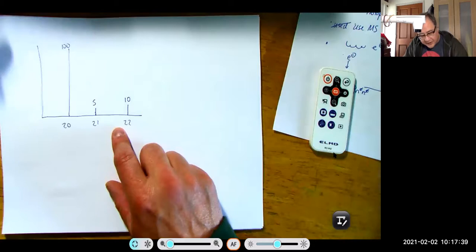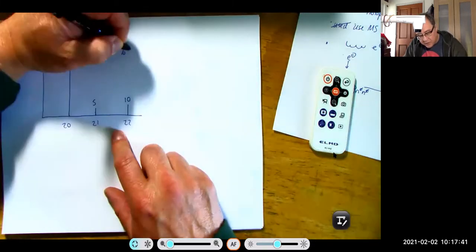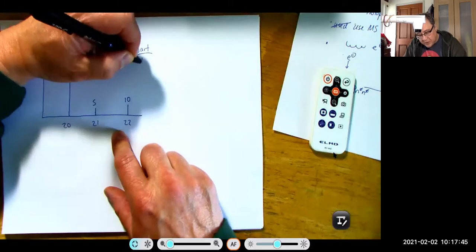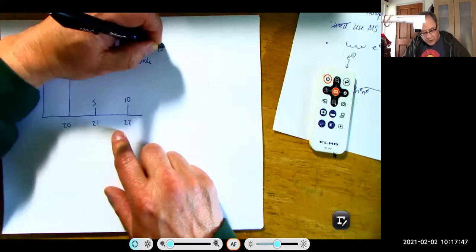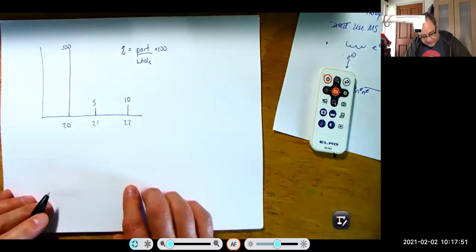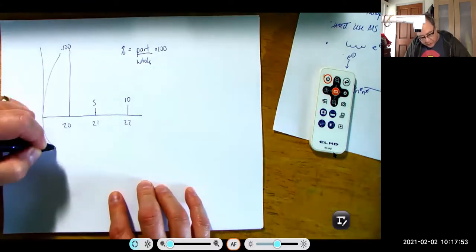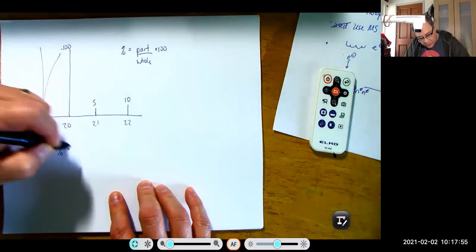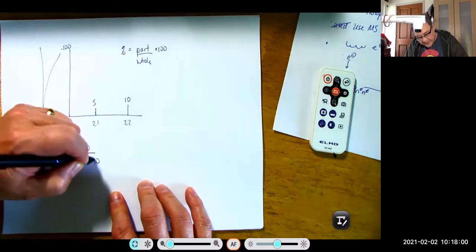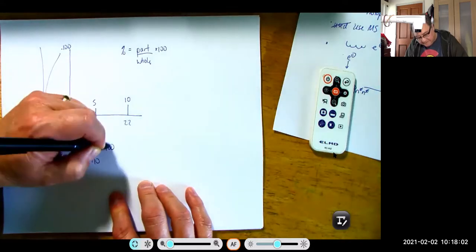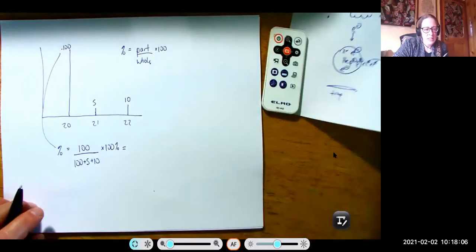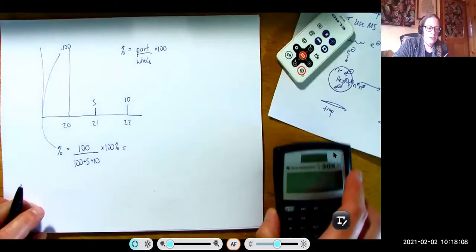Well, percentage is equal to part over whole times 100%. So if we want to take this 100 and turn that into a percentage, that percentage would be equal to 100 over 100 plus 5 plus 10, times 100%.